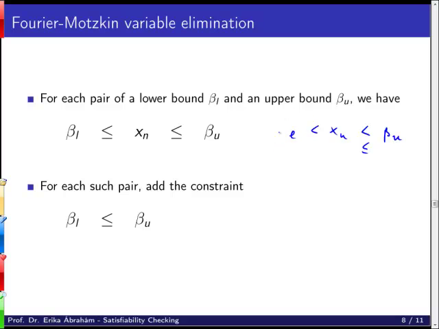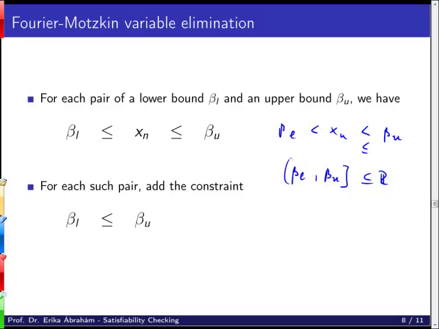What is the condition for the existence of such an xn? Yeah, this corresponds to the interval with beta L and beta u. Never mind what the values of beta L and beta u are, such an xn exists if this interval is not empty.